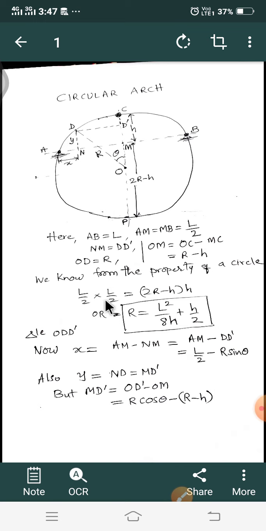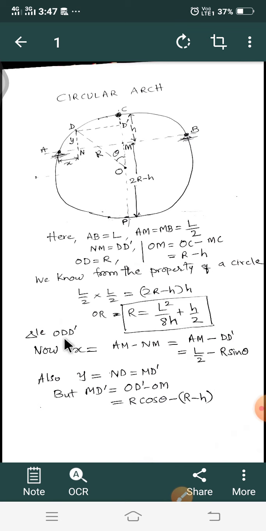So L by 2 into L by 2 is equal to 2R minus H into H. From this one we can simplify for R. So from this equation R is equal to L square by 8H plus H by 2.